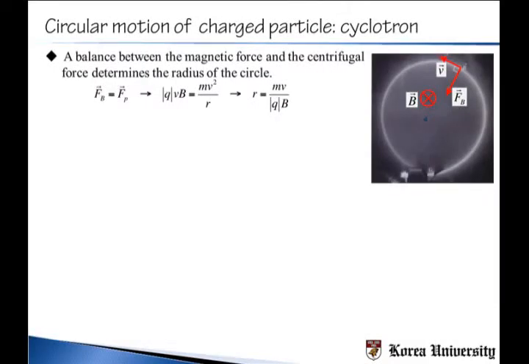Okay, and here we will study the circular motion of charged particles in a magnetic field in better detail. So in the previous slide, the electrons and positrons did not really perform circular motion, and it was because of the friction due to some kind of particles filling the space. But in this figure, it looks like this particle is making a complete circle.